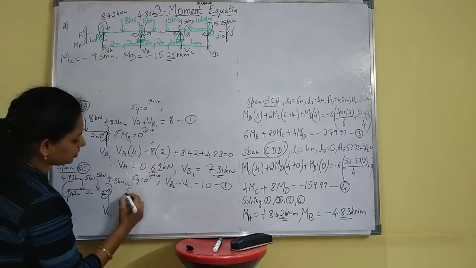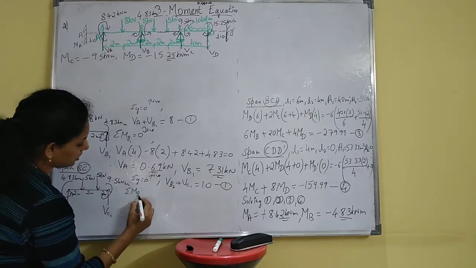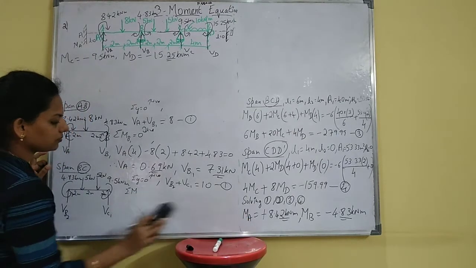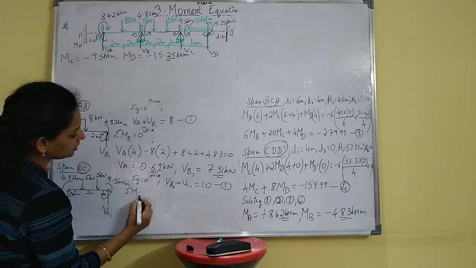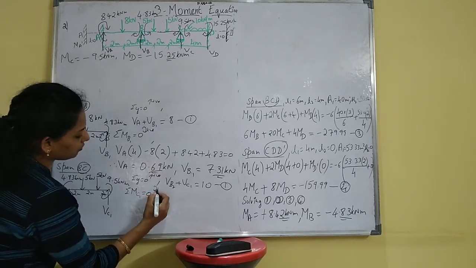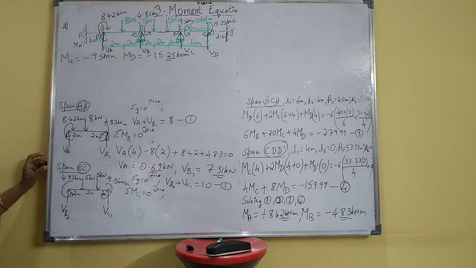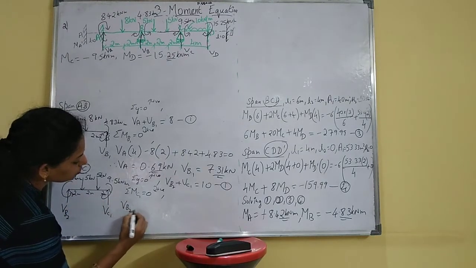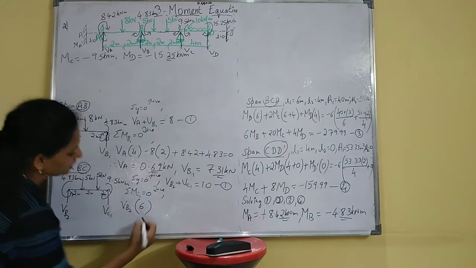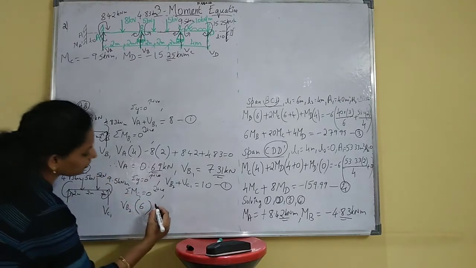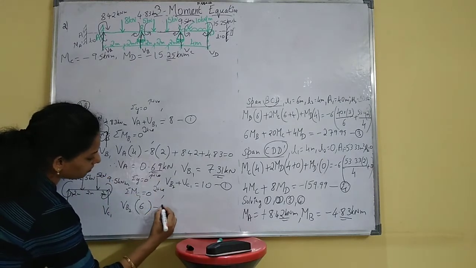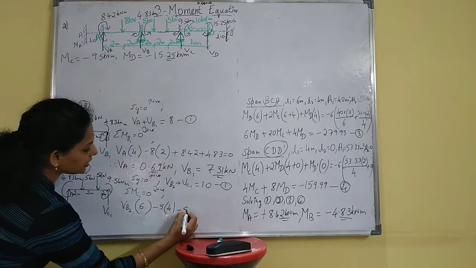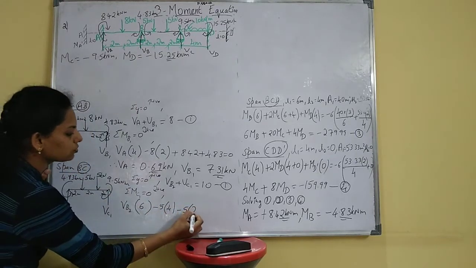Next, summation MB. You can find out MB or MC, anything. Take MC1 as 0, clockwise as positive. So you have VB2 into distance 6. Next to this 5 is anti-clockwise, so minus 5 into distance 4, minus again 5 into distance 2.